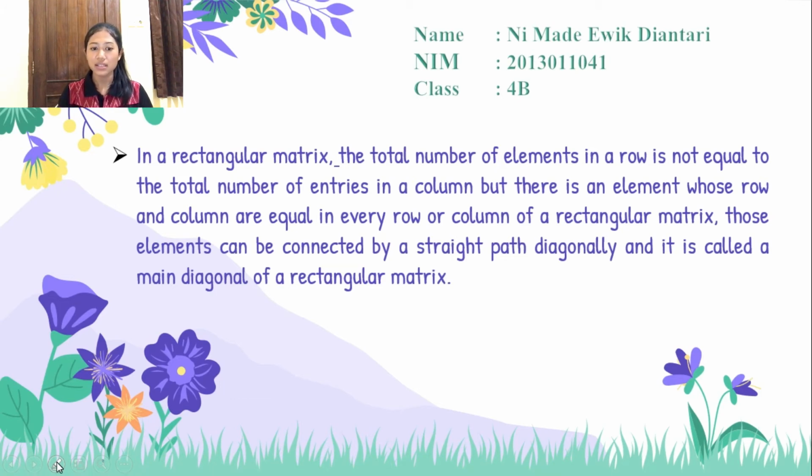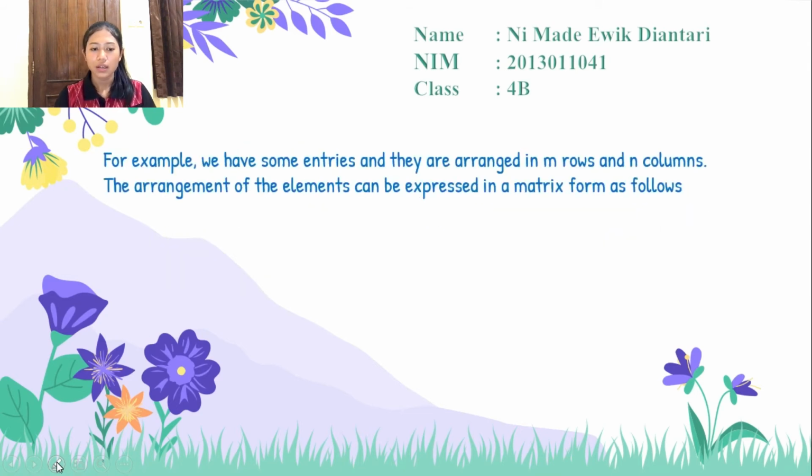Those elements can be connected by a straight path diagonally, and it is called the main diagonal of a rectangular matrix. For example, we have some entries and they are arranged in m rows and n columns. The arrangement of the elements can be expressed in a matrix form as follows.